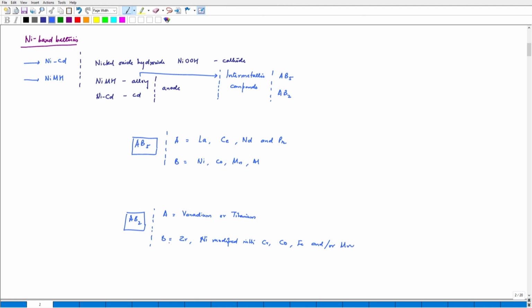So this means that we have different categories of materials present in nickel based batteries.